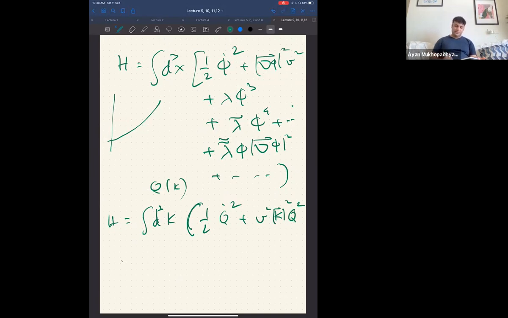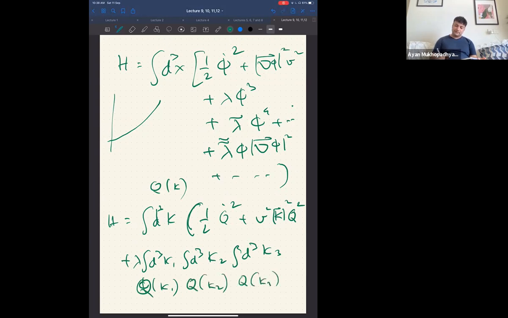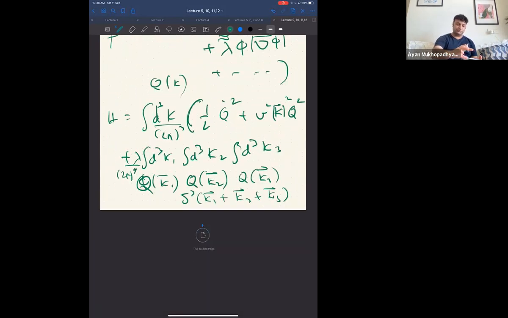The second term would be plus d cube k1, d cube k2, d cube k3, lambda phi k1, or q k1, q k2, q k3, into delta cube of k1 plus k2 plus k3. And there is an overall factor of 2 pi to the power 9. Okay, so this is how the Hamiltonian would look.